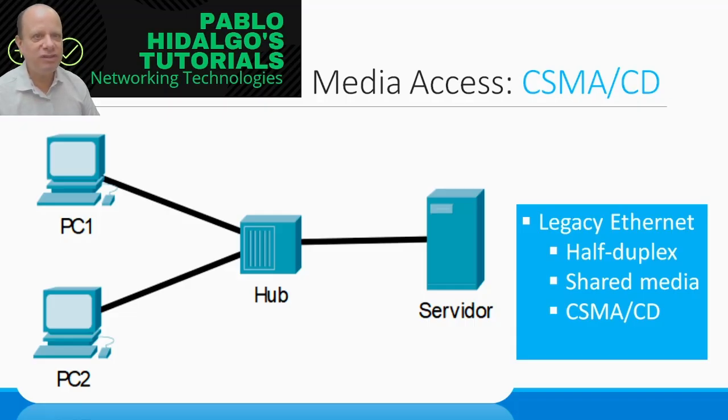CSMA/CD allows multiple devices to share the same half-duplex medium and detects collisions, which happen when more than one device attempts to transmit simultaneously. It also provides a backoff algorithm for retransmission to be used after a collision is detected.